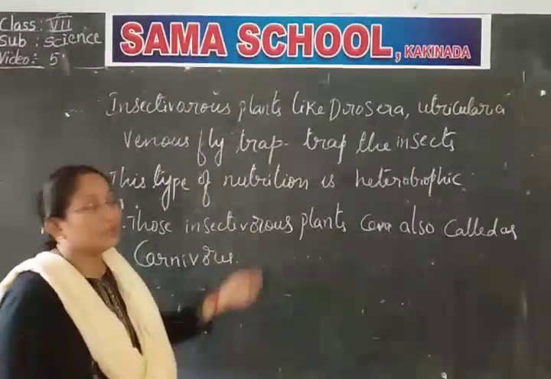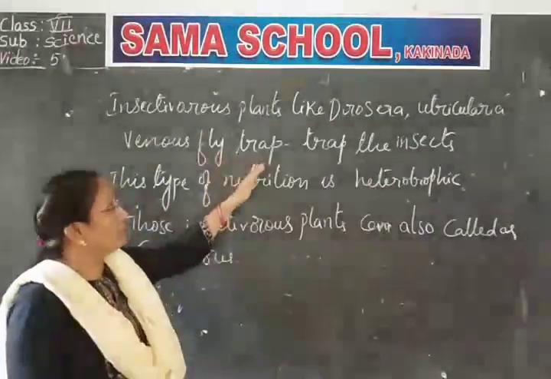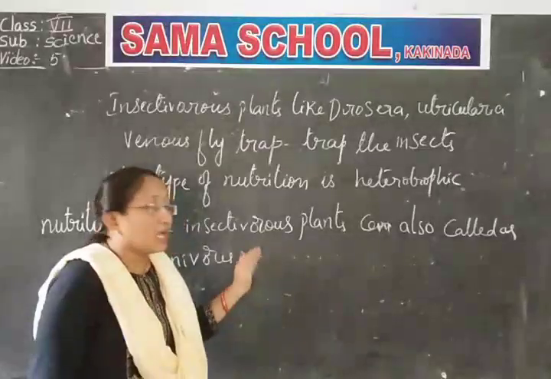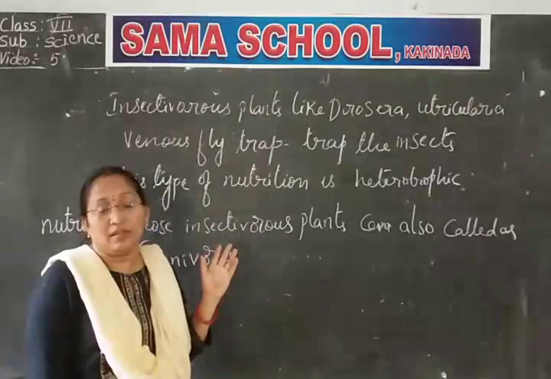So insectivorous plants like Drosera, Utricularia or Venus flytrap, these are all called insectivorous plants, and can also be called carnivorous plants. They perform heterotrophic nutrition.